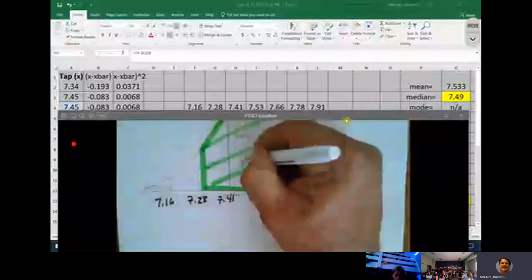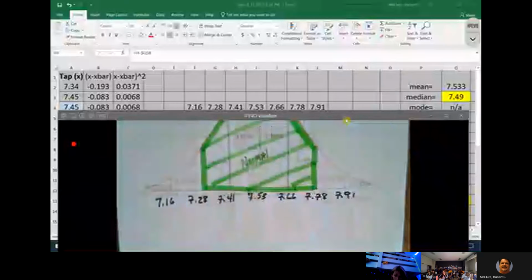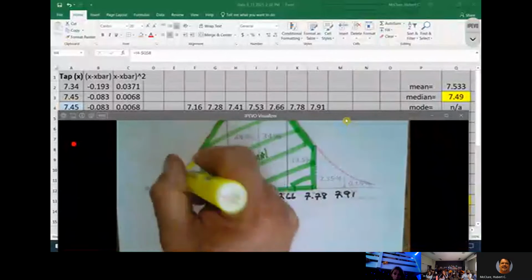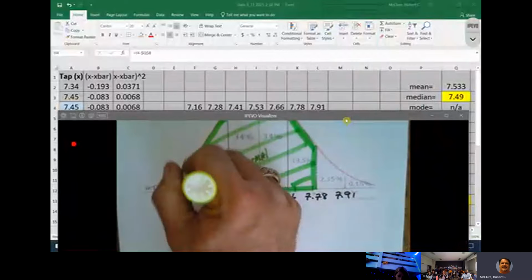That is called normal. And then what's outside of 2 standard deviations? What's just right outside 2? Unusual. Unusual. Thank you. You're the one that listened.